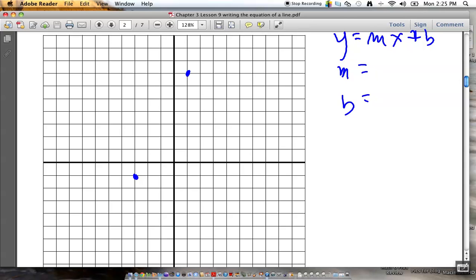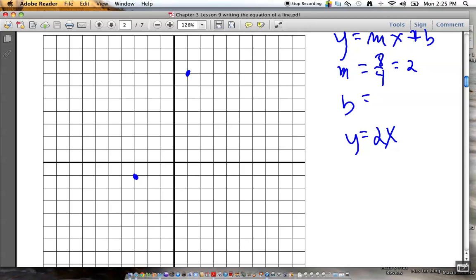I'll count again. 1, 2, 3, 4, 5, 6, 7. It's -3, -1. That's over here. 1, 2, 3, 4, 5, 6, 7, 8. 1, 2, 3, 4. So, we get 8 over 4, and what does that reduce to? 2. Good.